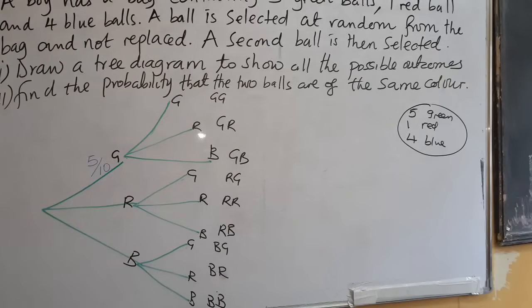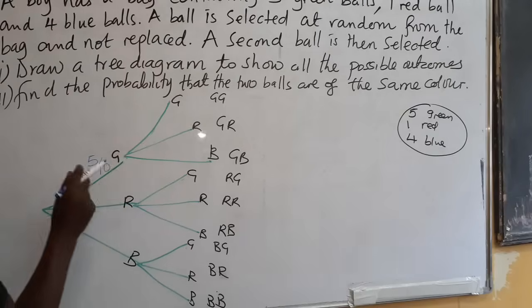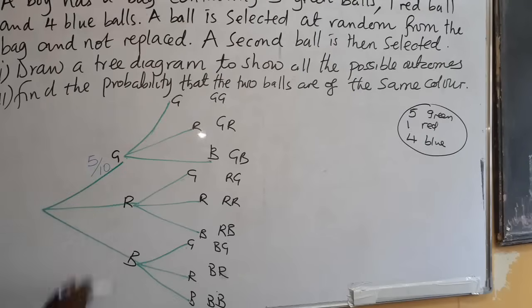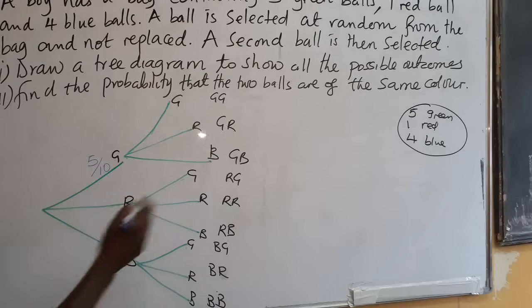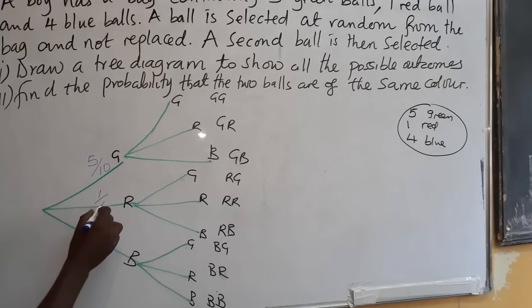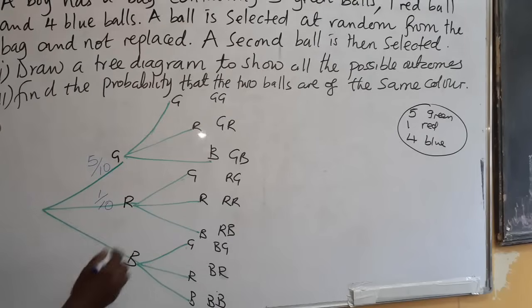Then for the red, this one will be 1 over 10, and the last one, blue, will be 4 over 10.